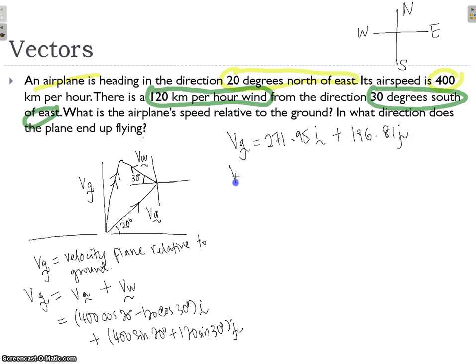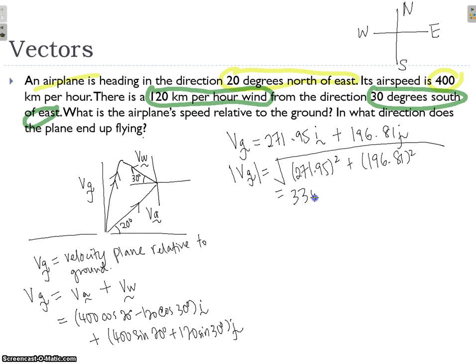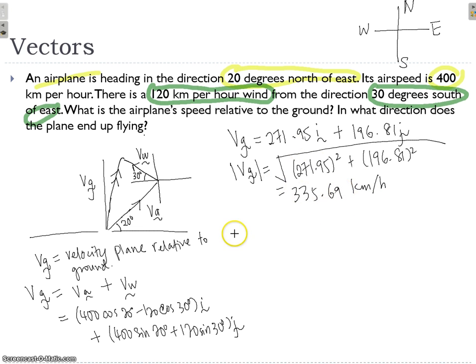To find the speed, we find the magnitude. So 271.95 squared plus 196.81 squared, and then we take the square root of the sum. So we get 335.69 km per hour. This is the airplane speed relative to the ground.